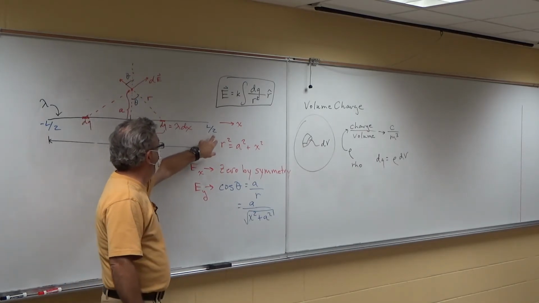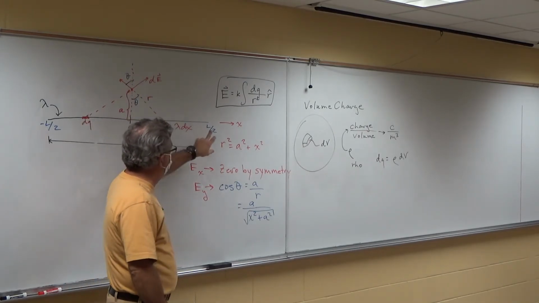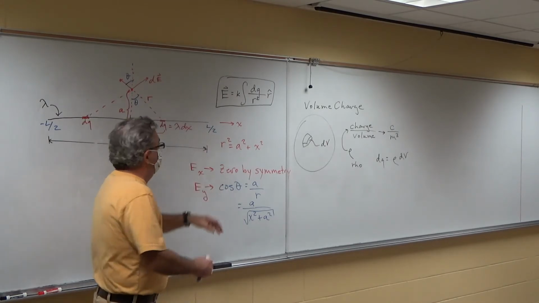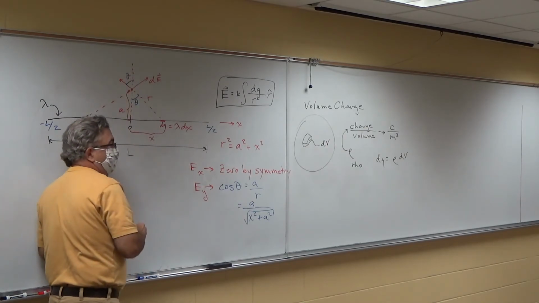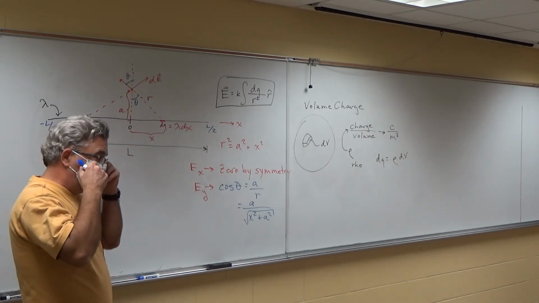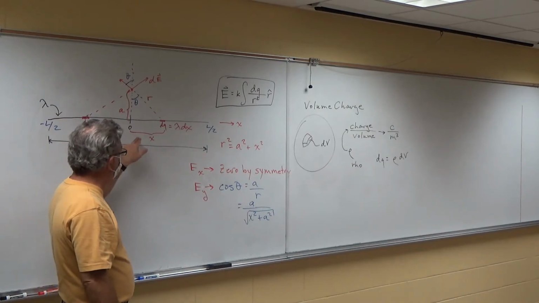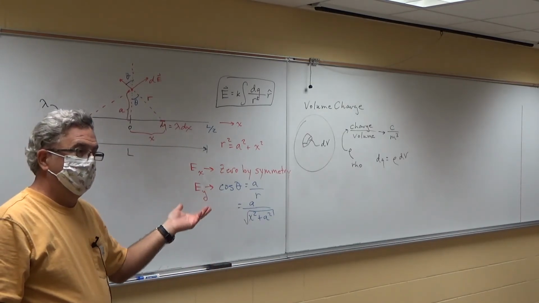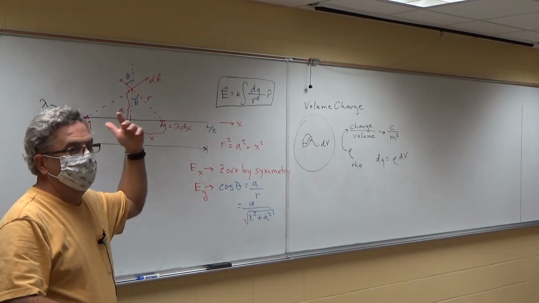I claim that's exactly equal to the integral from 0 to L over 2. That's just on the other side. I can prove this to you mathematically. But I'm going to integrate from 0 to L over 2 and double it.